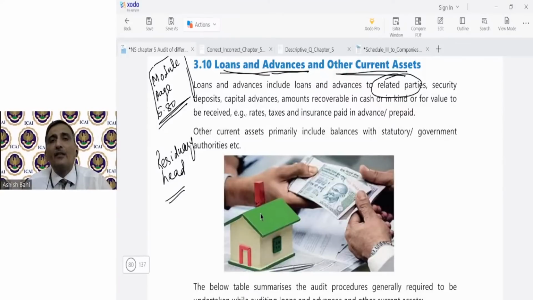But in case of companies, it has to be separately stated as separate disclosure is to be given in respect of loans and advances in the nature of loans which are granted to directors or other key managerial persons, or the companies in which directors have interest, in which directors are, say, directors or directors are members?